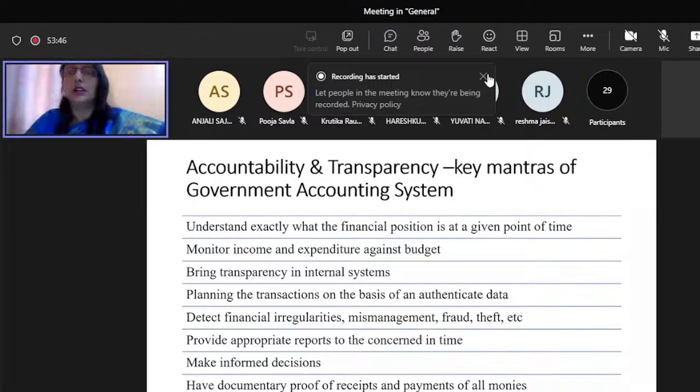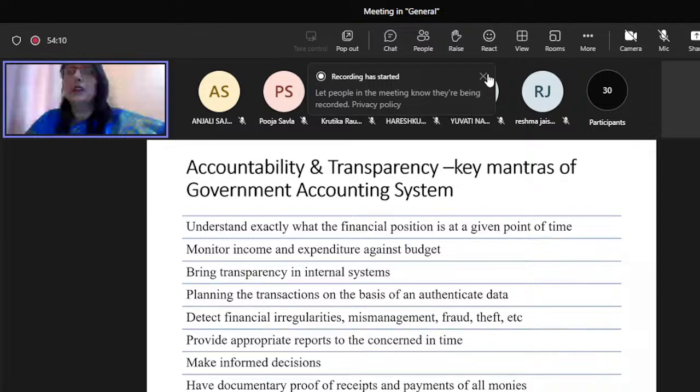Still, if we visit the sites of the government, there are many cities which are not uploading their financial reports on time on the portal. So again, what happens if you do not get timely financial reports? You tend to lose confidence, thinking, something is wrong, why are they not submitting it?